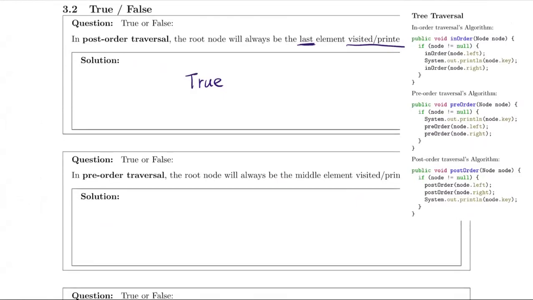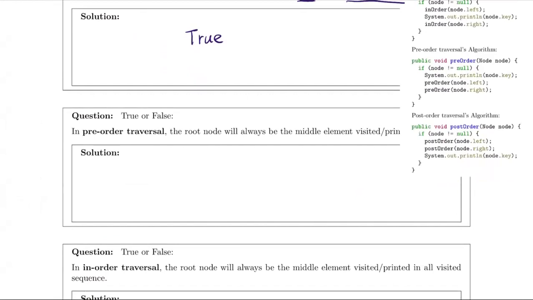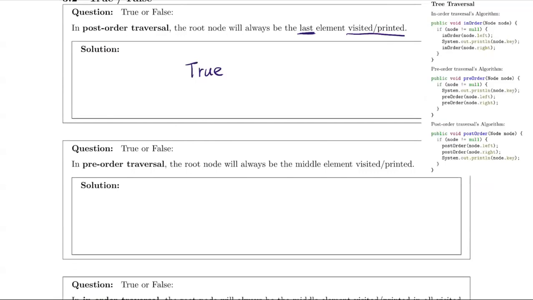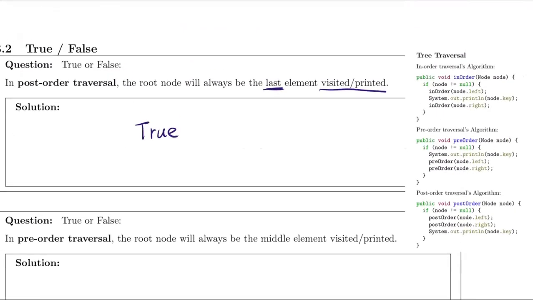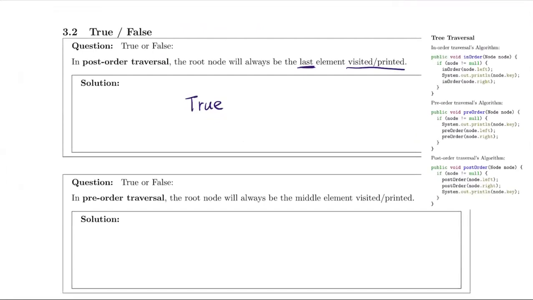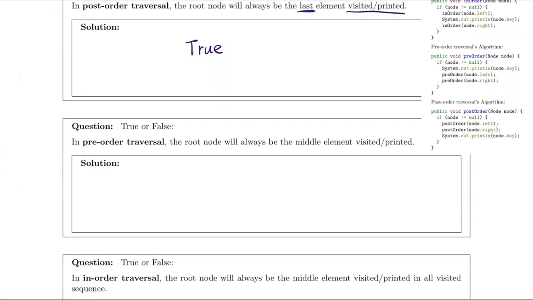For the second question, in pre-order traversal, the root node will always be the middle element visited or printed. In pre-order traversal, the root node is actually the first element being visited, right?